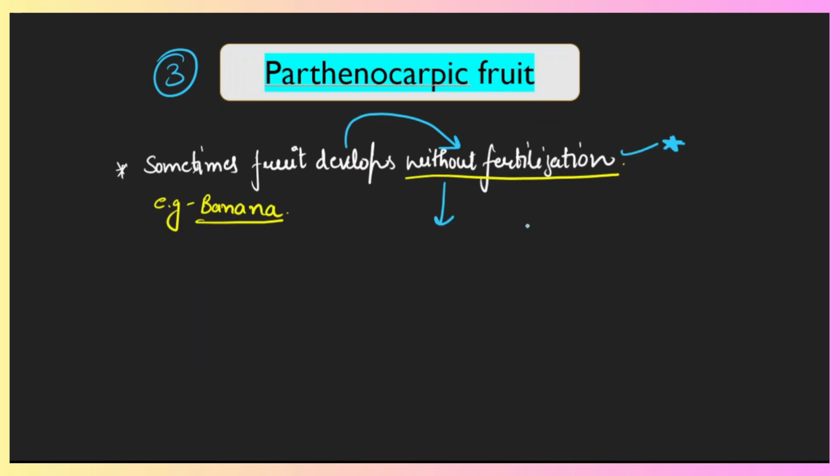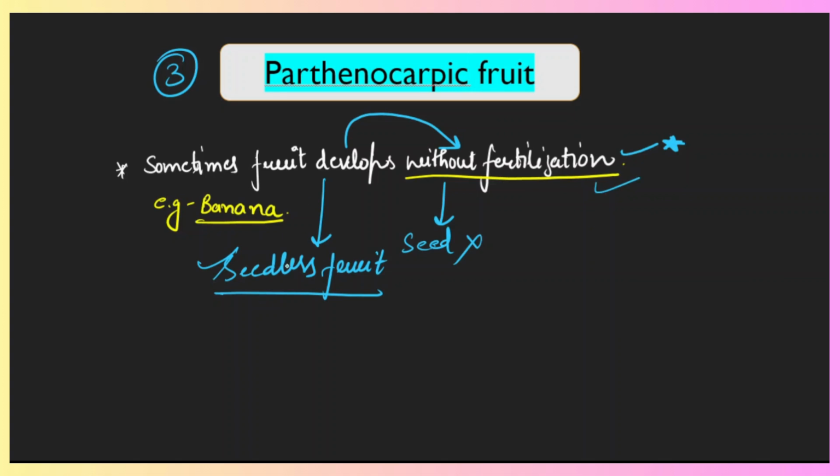When fertilization does not happen, the seed is not formed. So these parthenocarpic fruits are seedless fruits. They develop without fertilization, and they are mostly seedless fruits.